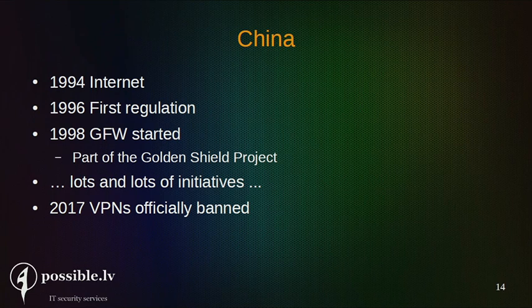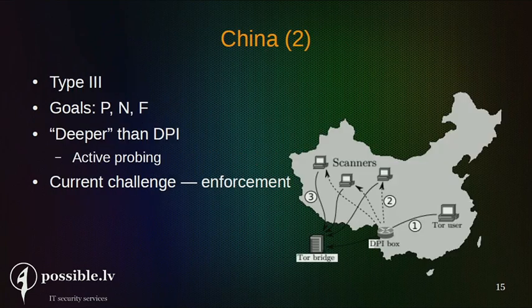But the recent development was that virtual private networks were finally officially banned in China. There were some complications for them even before this year, but now they're officially banned. As far as we know, China employs a type 3 censorship network, meaning that they employ censorship at local internet exchanges, so at the borders of their country, inside their country.